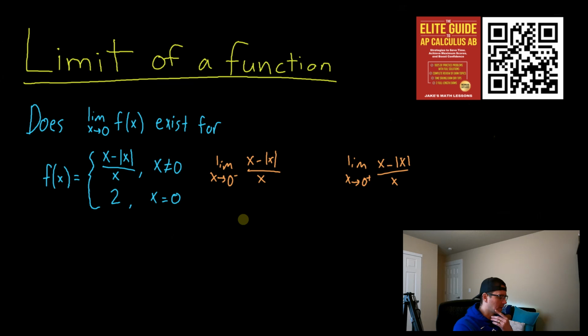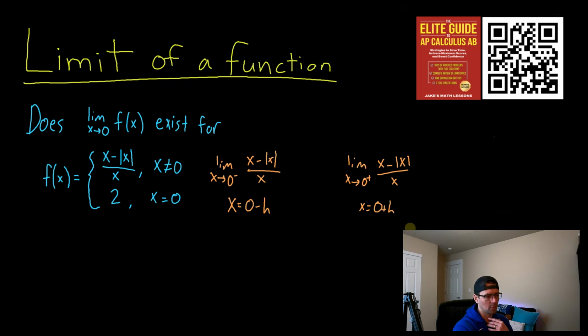What that concept tells us is that for the left-hand limit, as x approaches 0 from the left, we want to change x into 0 minus h. 0, because 0 is what our x is approaching, so this number will just be whatever number x is approaching. For the left-hand limit, we're always going to do minus h, and for the right-hand limit, we're going to do plus h.